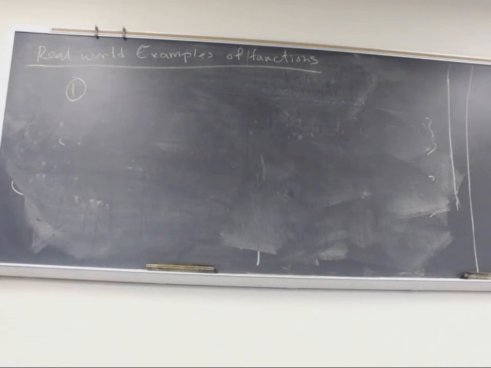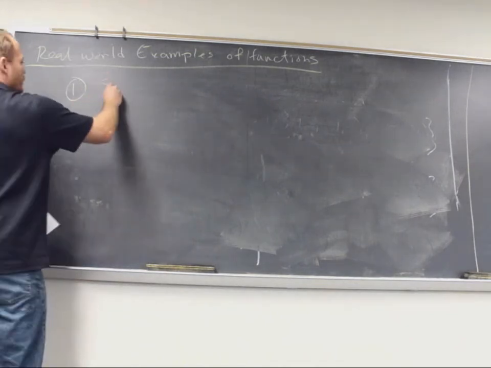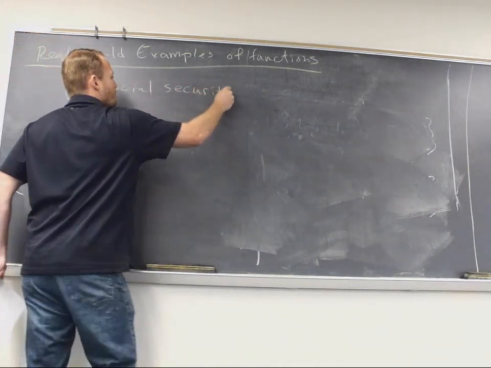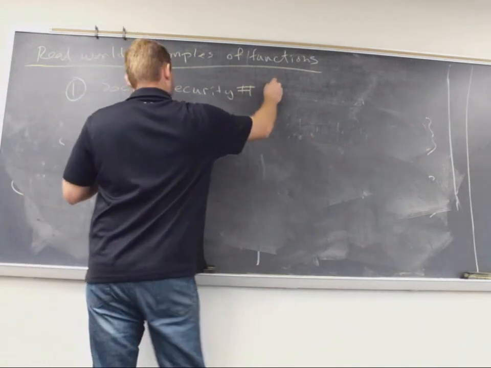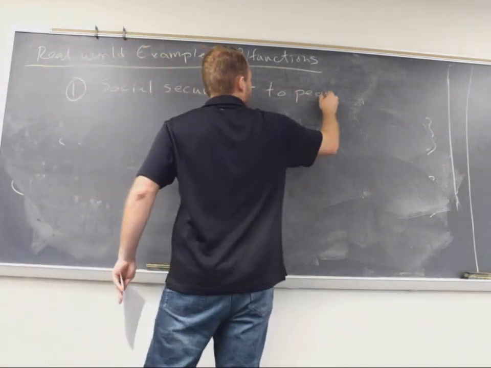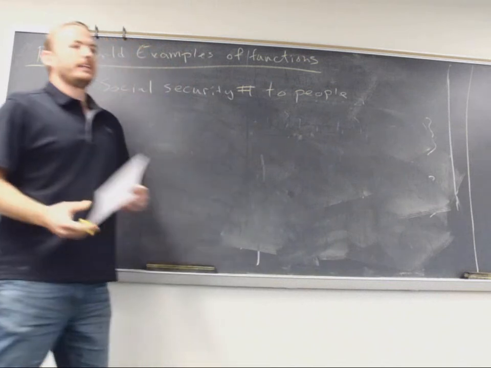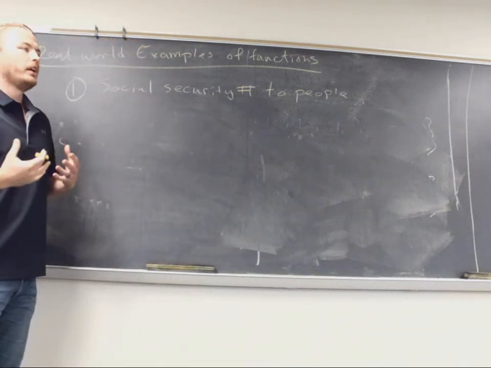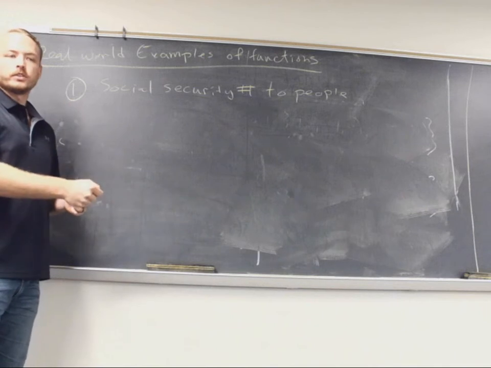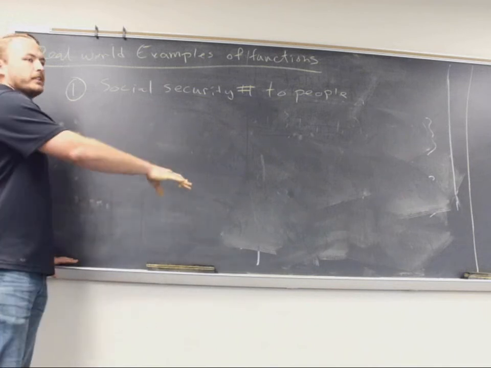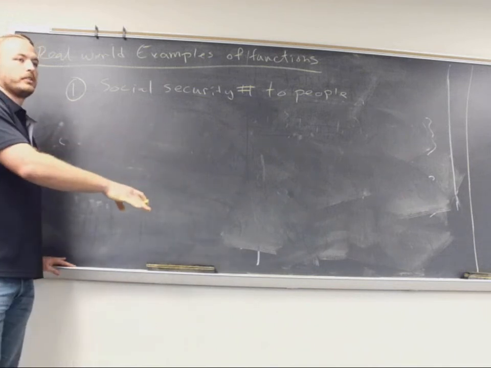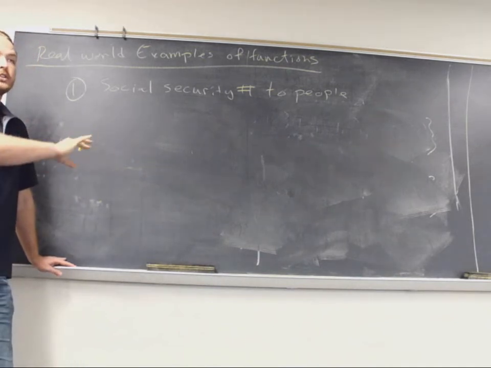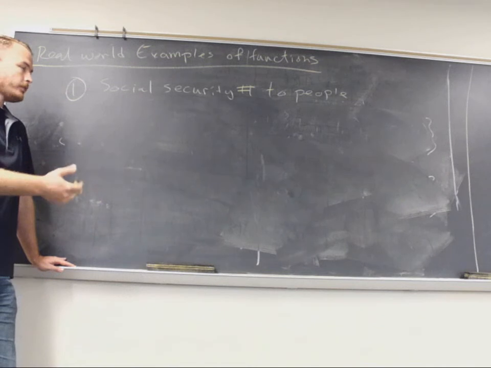All right. A good one is social security numbers to people. So let's say the inputs are us, the people. So you input my name, Fort, and it outputs a specific social security number. So the input is me, the output is a social security number. Or you can do it vice versa too here actually.